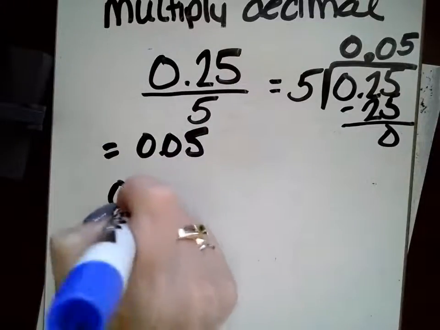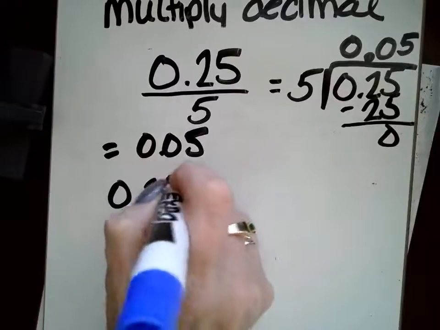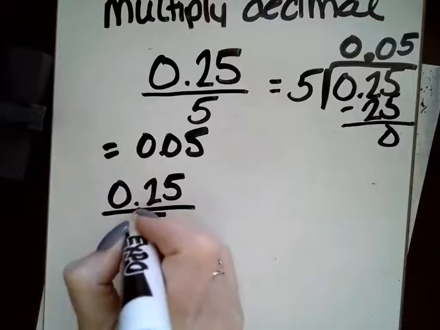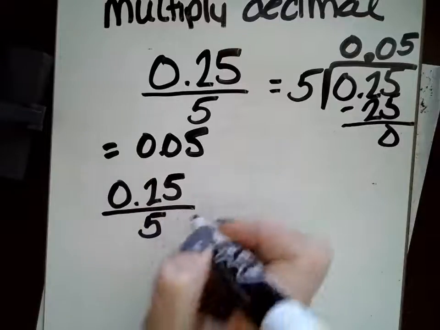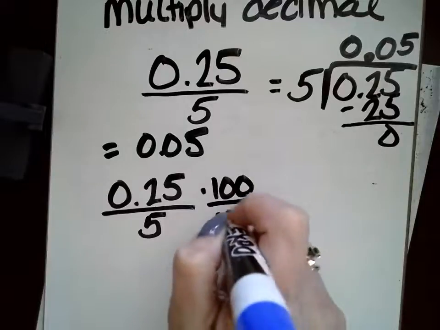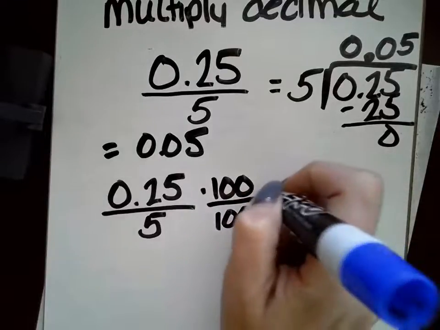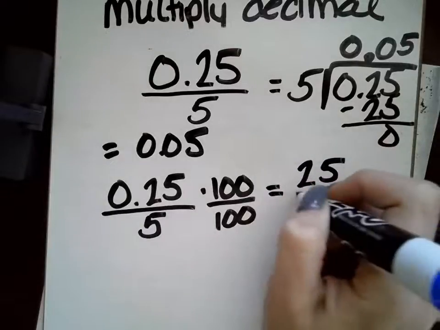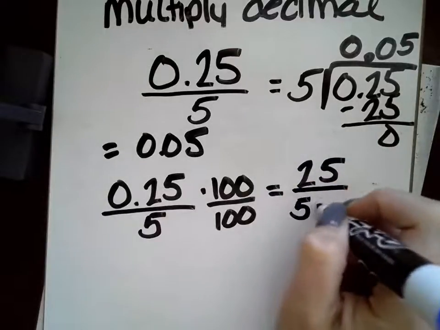What we also could have done is we could have made these both whole numbers. In order to make 25 hundredths into a whole number, we multiply by 100. If you multiply the numerator by 100, you multiply the denominator by 100. So we have 25 over 500.